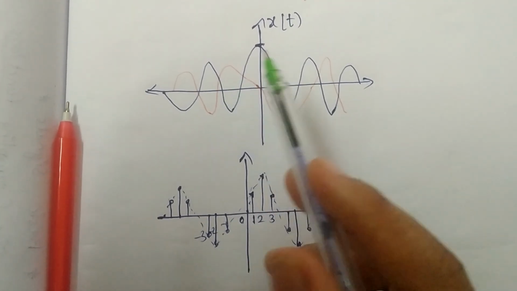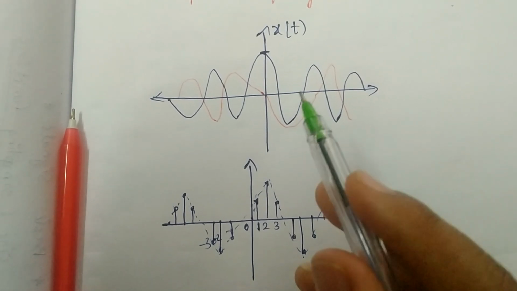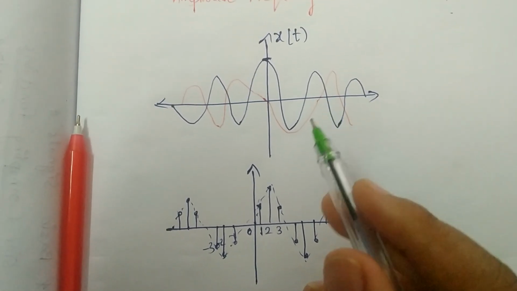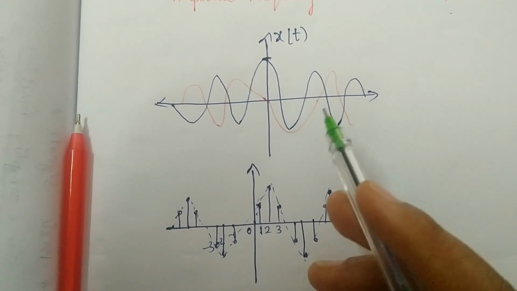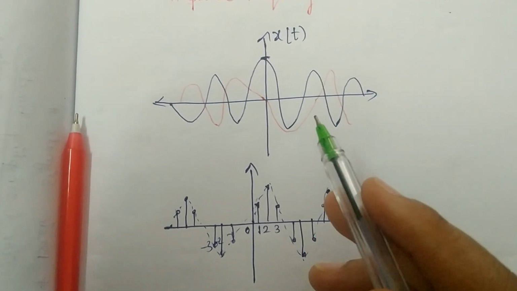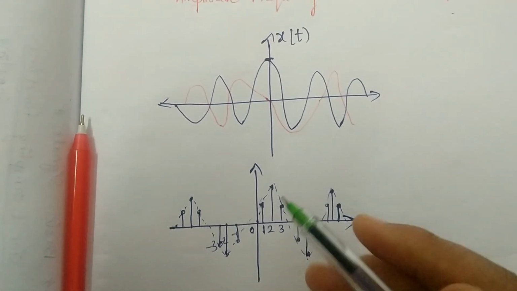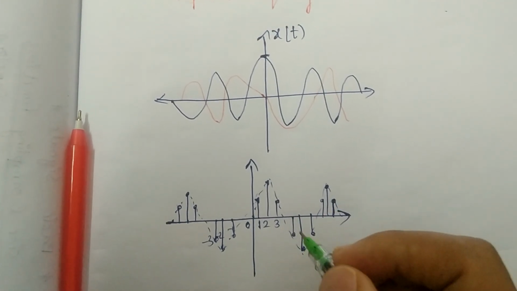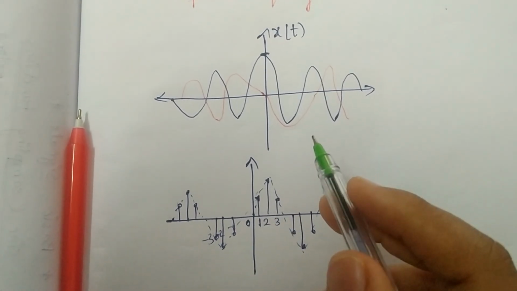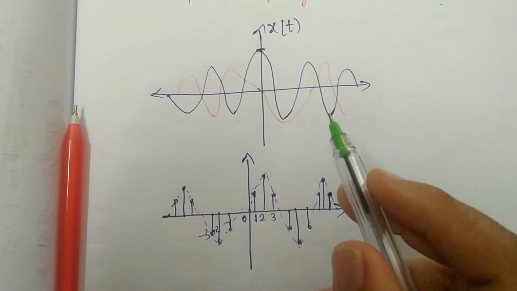But in the continuous sinusoidal signal, we need to capture every instant of time. This is the continuous sinusoidal signal and the discrete sinusoidal signal. In discrete time, we can't measure every instant of time. In continuous time, we can capture a particular instant of time also.